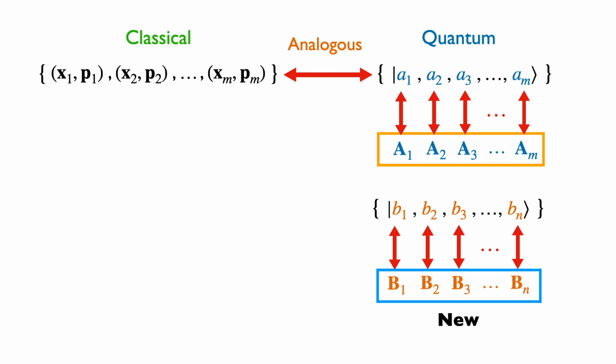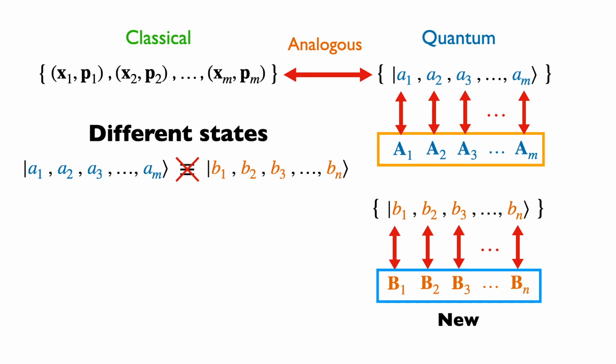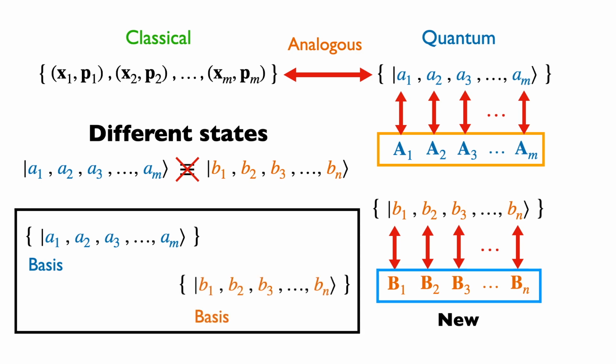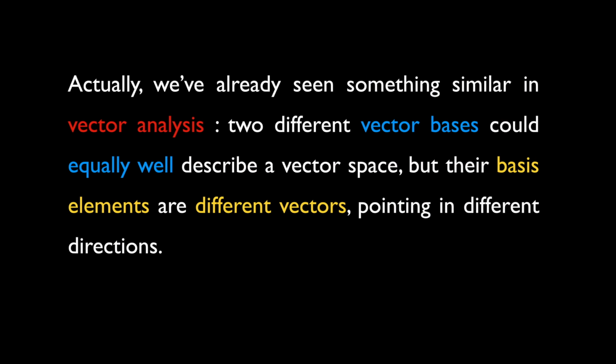Which means that the old and the new eigenstates are not physically equivalent, like in the classical case. But nevertheless, as a set, both form complete bases that cover the full Hilbert space. Actually, we have already seen something similar in vector analysis. Two different vector bases could equally well describe a vector space, but their basis elements are different vectors pointing in different directions.